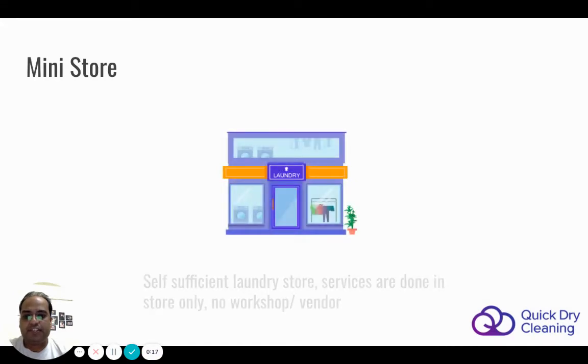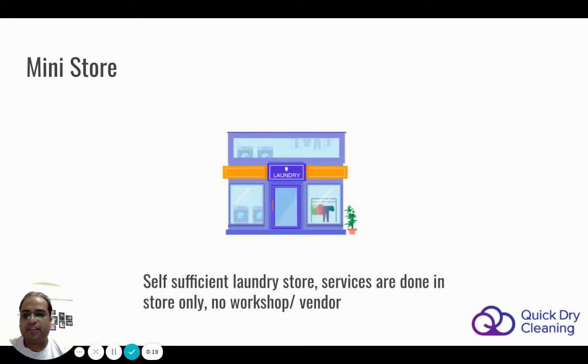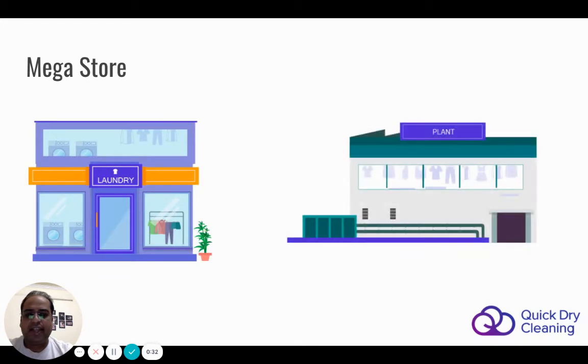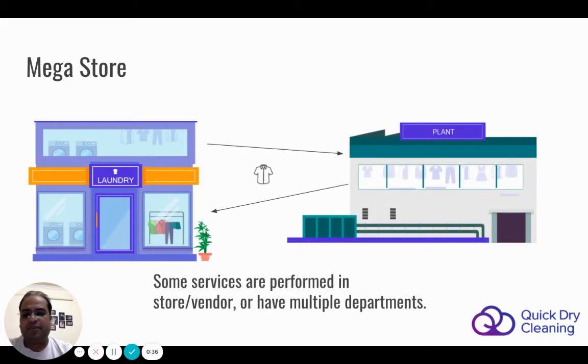Let's say you have a mini store. It is a self-sufficient laundry where all the services or processing is done in the store only. There is no workshop or vendor involved. Then we may have a mega store where a laundry and plant both are available and some services are performed in store or some services are sent for processing to a vendor or a workshop, and the workshop may have multiple departments.